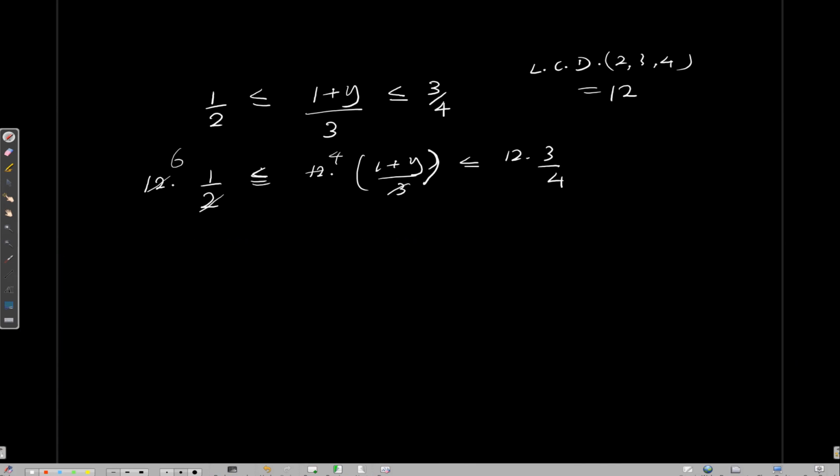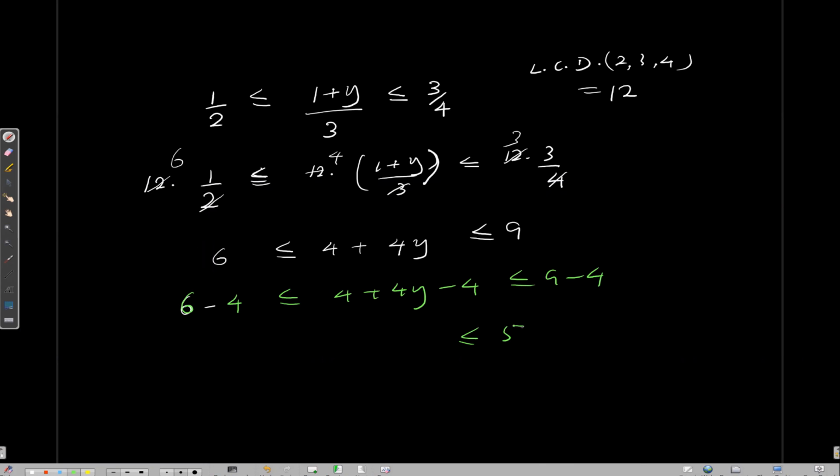That's 3. So I get 9 here, I get 6 here, I get 4 plus 4y. Now I would like to subtract 4 from all parts in my double inequality.